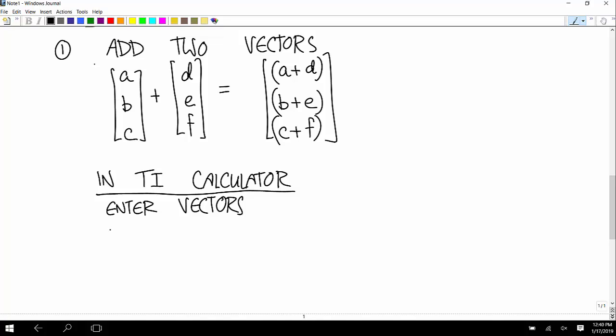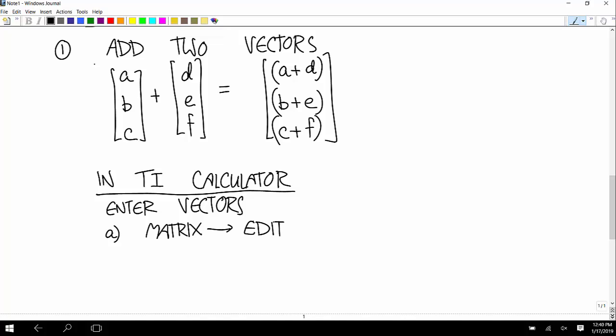So to enter vectors, there are three ways you can do it. Some of them have more than one option. Which ones are possible on your calculator just depends on the model you have. But one is, some of them have a matrix button, and you go to matrix and then go to edit.